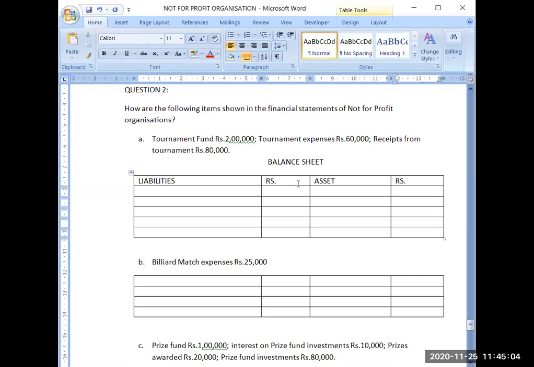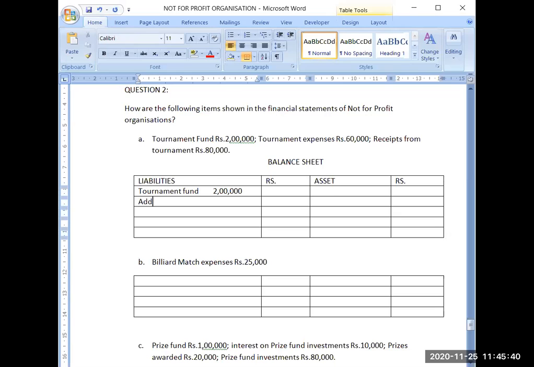Obviously when we have a tournament fund, we will show it on the liability side. The tournament fund balance is 2 lakh. Then expenses are there and receipts are there. So receipts for the tournament fund will also be added here.